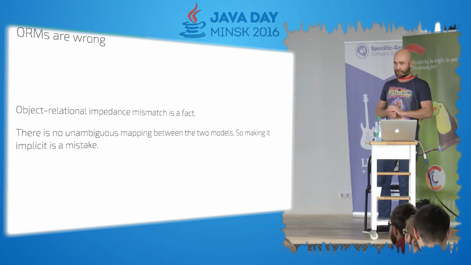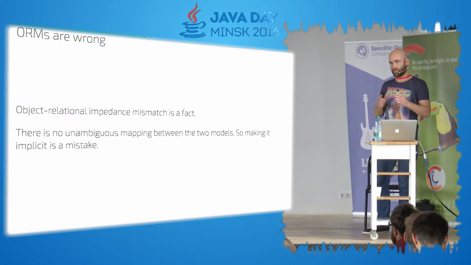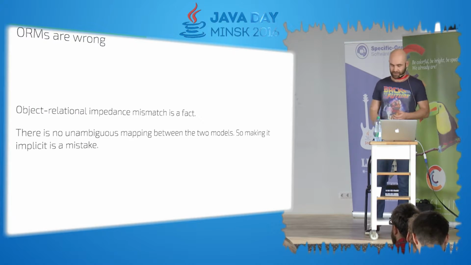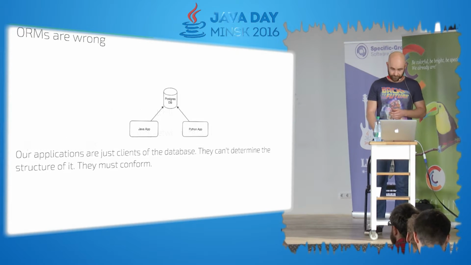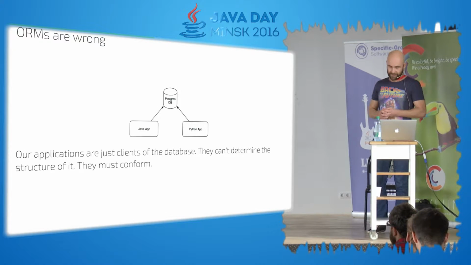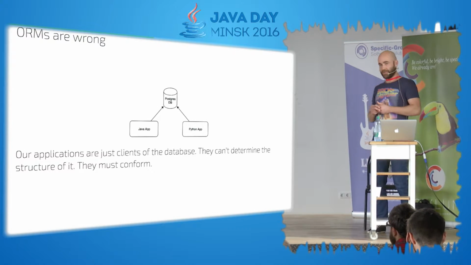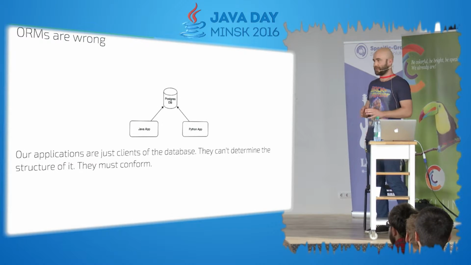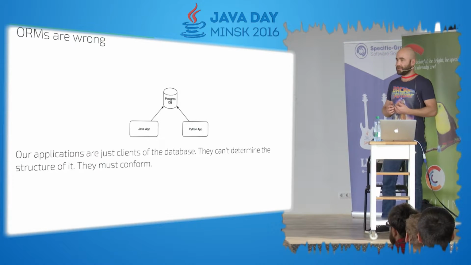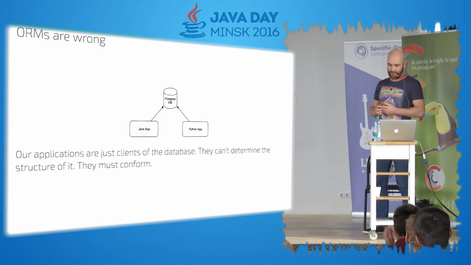You end up writing a lot of configs or manipulating your code in such ways that you would work around the limitations that the ORMs introduce. And then there's another problem: it's not our applications that determine which way the database should be structured. It is the database itself.